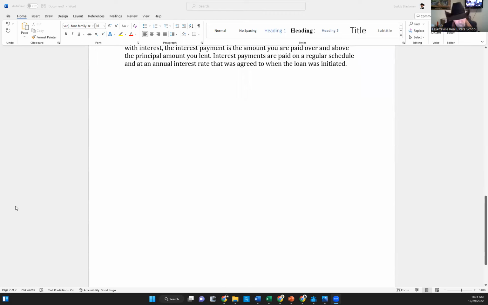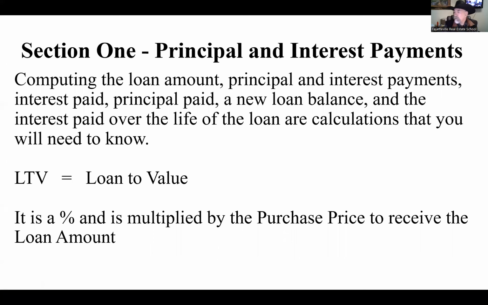All right, we're going to switch right over and go into our math workbook, section 1, principal and interest payments. The first thing we have to calculate is the loan amount. It's typically different than the purchase price of the property.